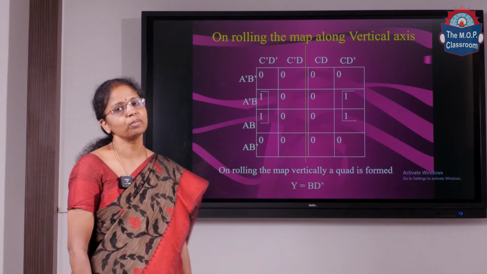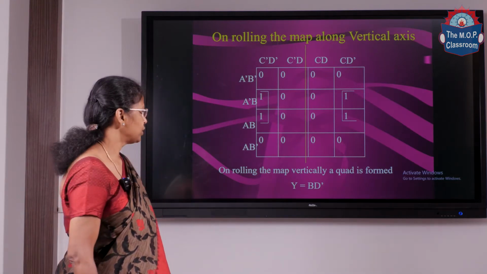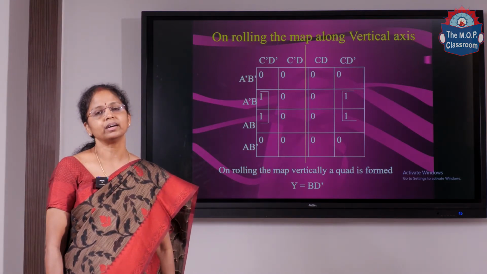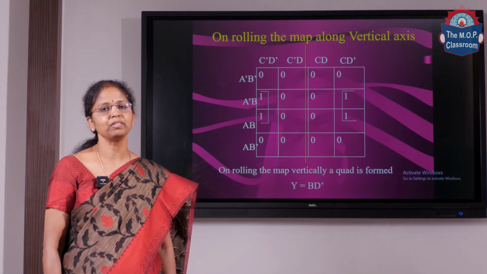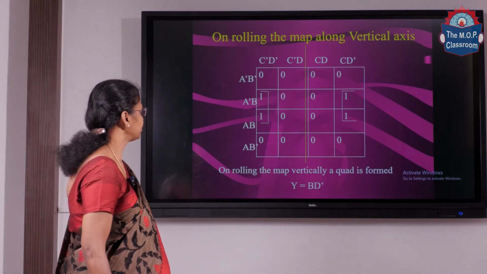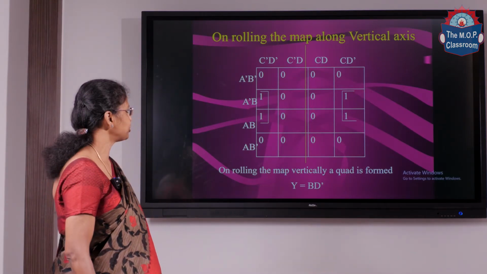So, we are able to form a quad here by rolling or wrapping the map. This again gives a simpler term and simplifies your Boolean expression. So, this is another technique of simplifying your Boolean expression in K-map.